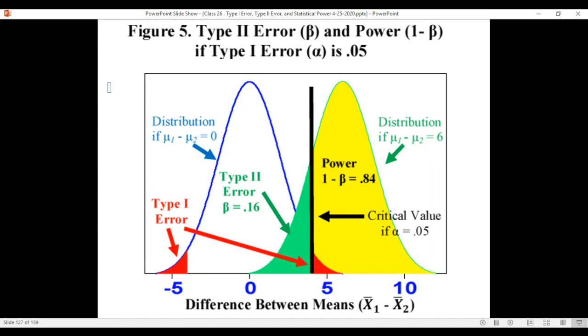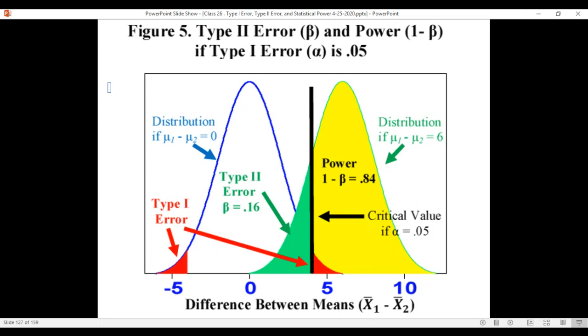Now, the green area shows beta, the probability of making a type 2 error if you perform a t-test. And the green area is the part of the true sampling distribution that's to the left of the critical value for the t-test.